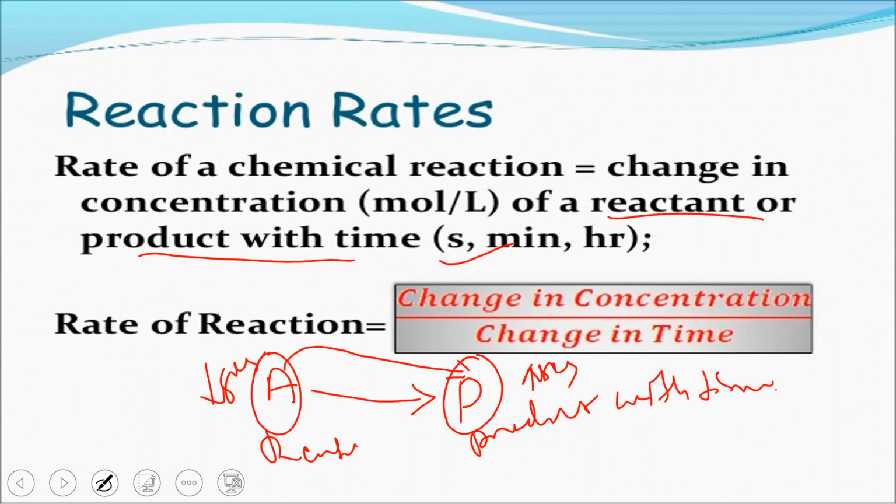Is it clear? That is why the rate of the reaction is the change in the concentration of the reactants or products with time. That is known as the reaction rate. So the rate of the reaction is equal to the change in concentration divided by the change in time.